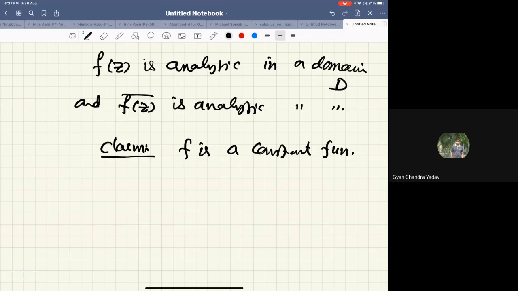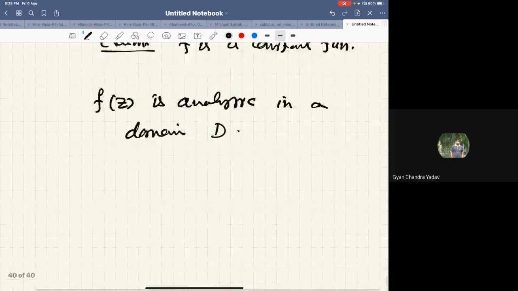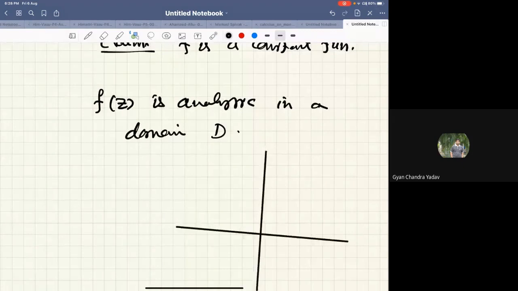See, f of z is analytic in a domain D, so you have a power series expansion. Suppose this is your D, and take z0, any point here, belonging to D. You can always write a power series expansion.